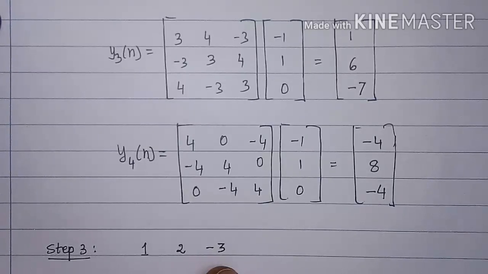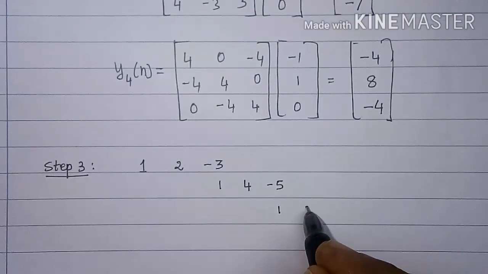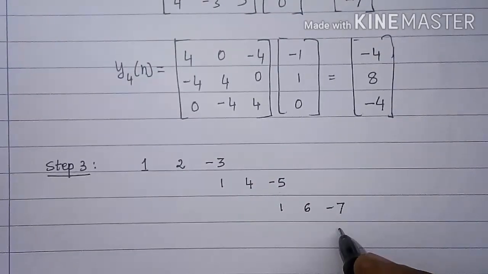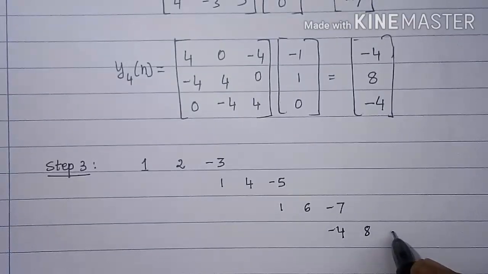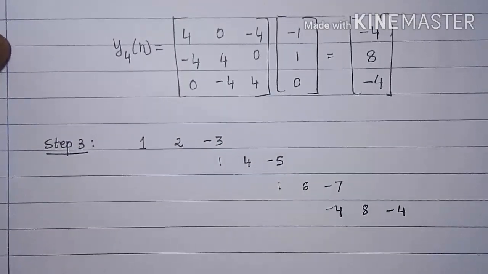Below minus 3, I will write the first sample of y2 of n, that is 1, 4, minus 5. So 1, 6, minus 7, then minus 4, 8, and minus 4. Draw a line here.